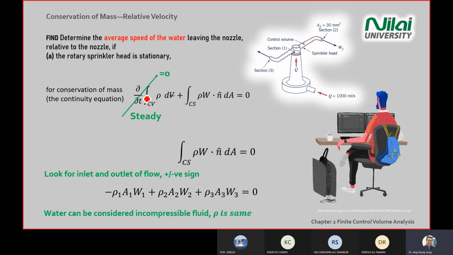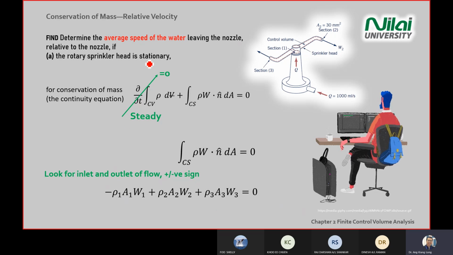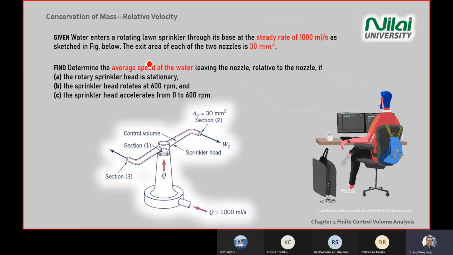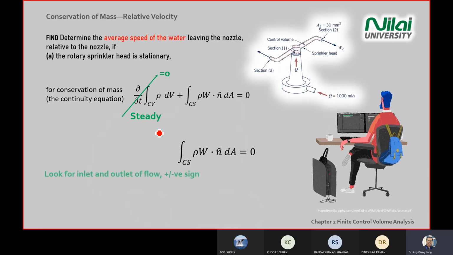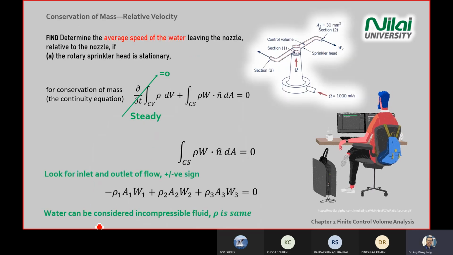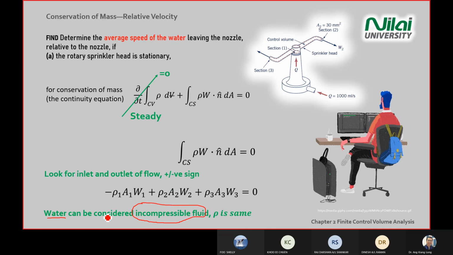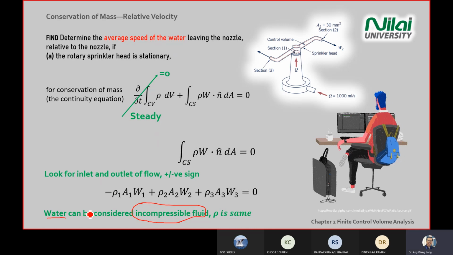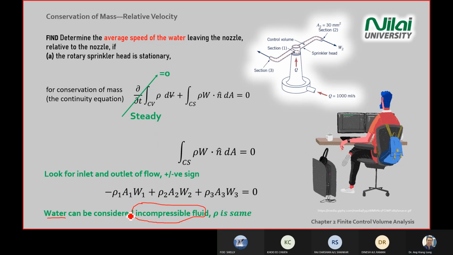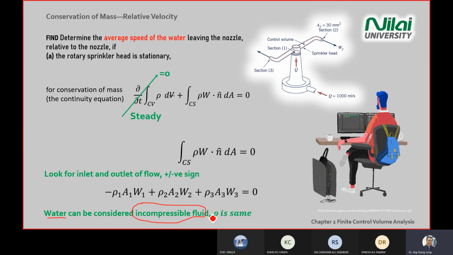Then, since in the question there is some hidden information. If you look at the question, it deals with water. So normally for water, you can write: since water is used in the system, assume incompressible fluid, then you write rho is the same.